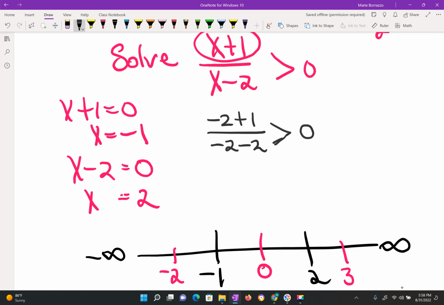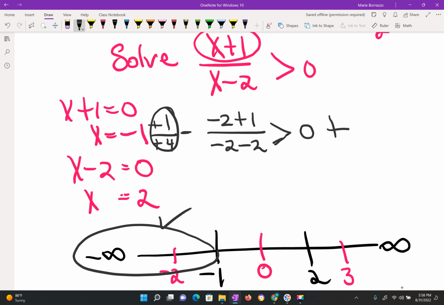I'm really looking for simply a positive result, right? So if I do the math here, this is negative 1 over negative 4. The negatives cancel, leaving me positive 1/4, which is good. That's a positive. So since I selected negative 2, this interval is a winner, right?